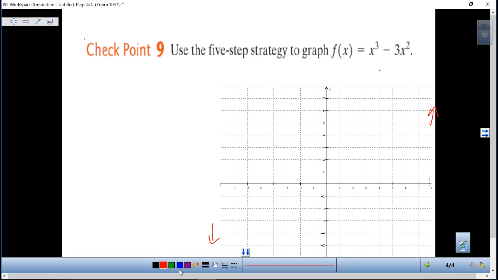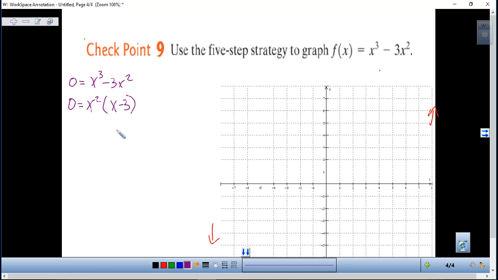So now let's look at the actual work and find some key values here. So once again, I'm going to find my x-intercepts. So 0 equals x cubed minus 3x squared. We've got a common x squared we can take out, so let's go ahead and do that. And we're going to have x minus 3.